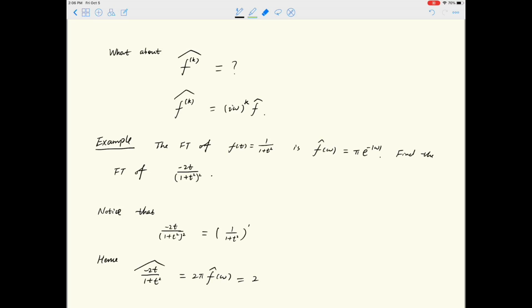It's not 2 pi. It's i omega f hat of omega. So it's i pi omega e to the minus absolute value of omega. That's it. That's the answer to this problem.